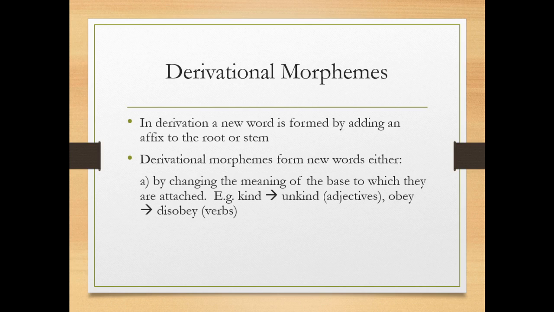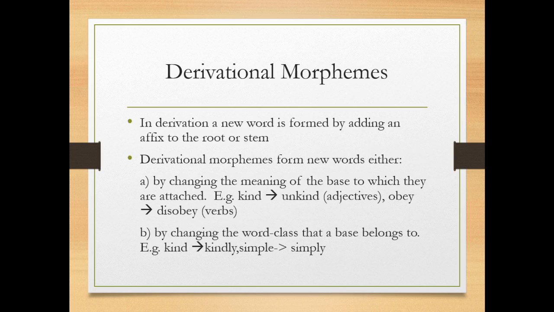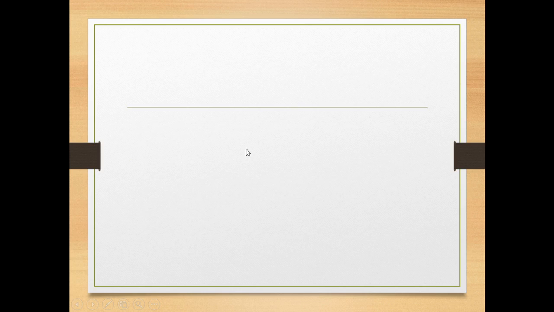Inflectional morphemes do not change meaning. Or by changing the grammatical category, the word class that a base belongs to. For example, kind, so they make it the adverb kindly. Simple, simply. So it creates new words. Derivational morphemes are morphemes that create new words in a language.